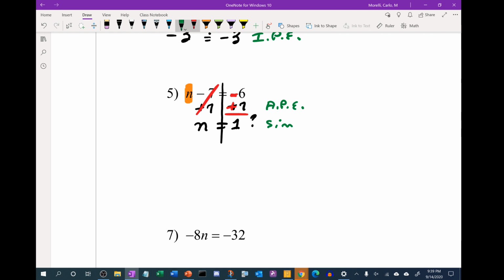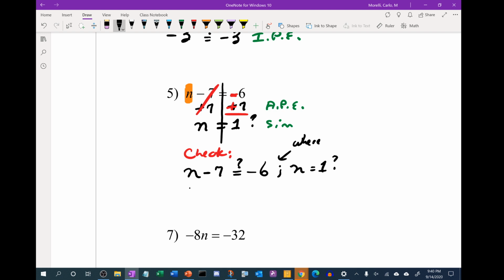Okay, let's do our check. We're going to ask the question. Does n minus 7 equal negative 6, where? That's what this semicolon means. The semicolon means where. Where what? Where n equals 1. Okay, well, let's substitute and find out.